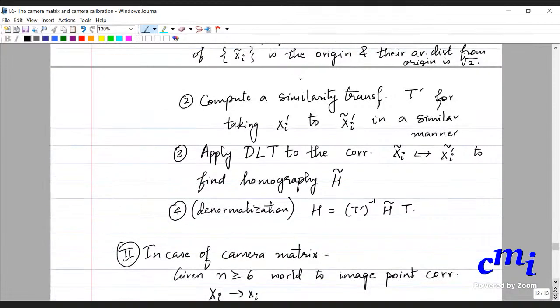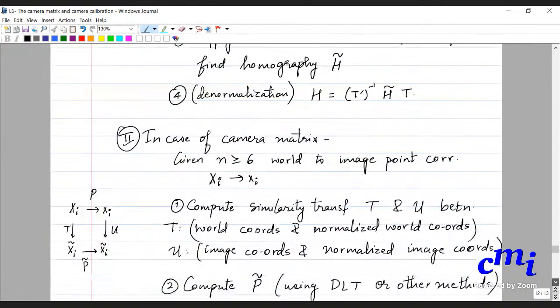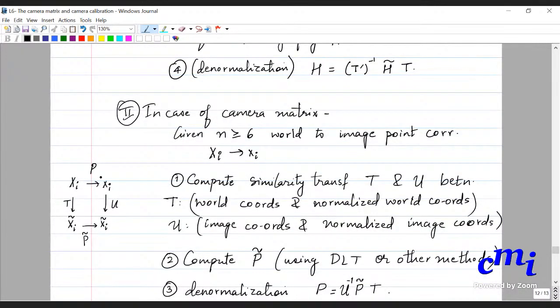The same thing can be done in case of a camera matrix. This diagram describes it again. You want a camera matrix P between matching points capital Xi and small xi. First, you find a similarity transformation U that takes capital Xi to capital Xi tilde, and a similarity transformation T that takes small xi to small xi tilde.